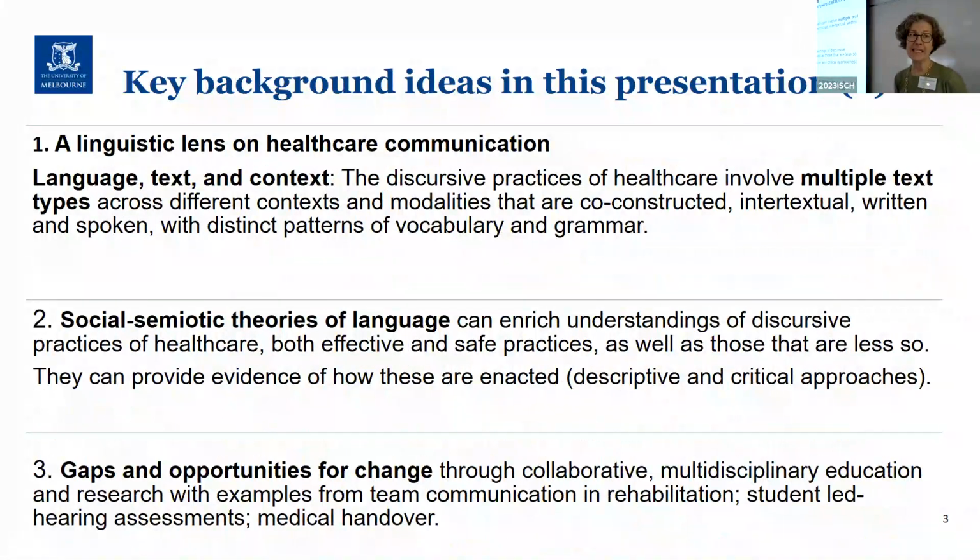Other key ideas, this notion of bringing a linguistics lens on healthcare communication and thinking about language in the context of the text we use, and the types of interactions that we're involved in, and the context in which that happens. So Connor was talking about the rainbow. I'm going to use that image as well. So very diverse context in which we work.